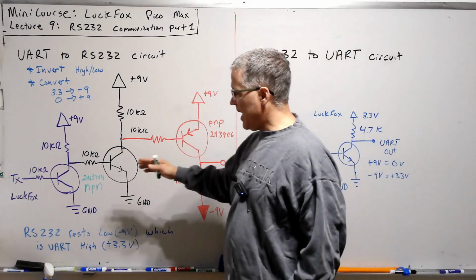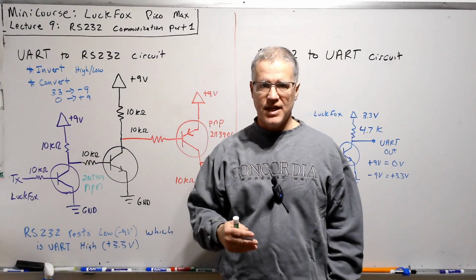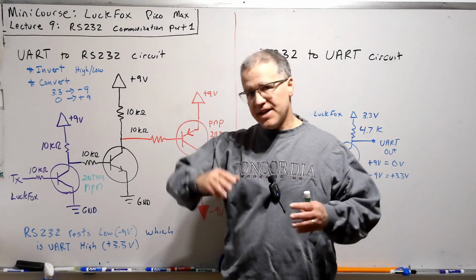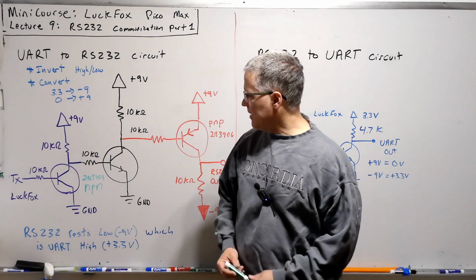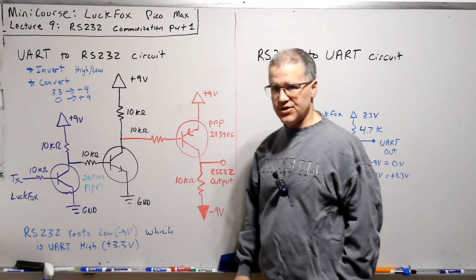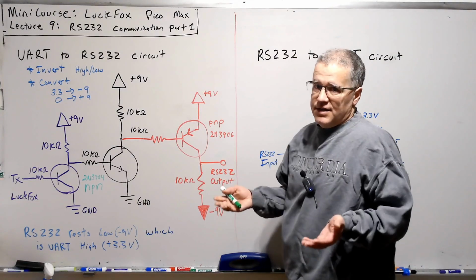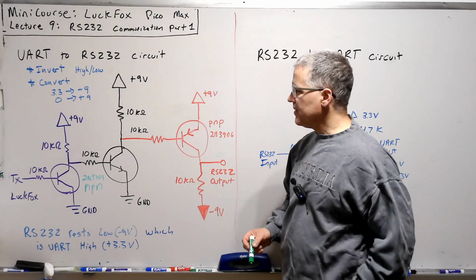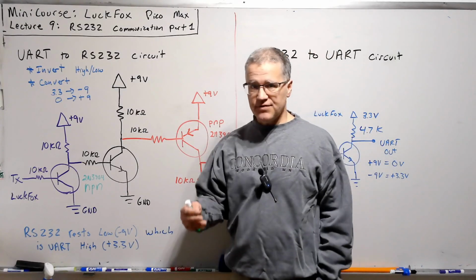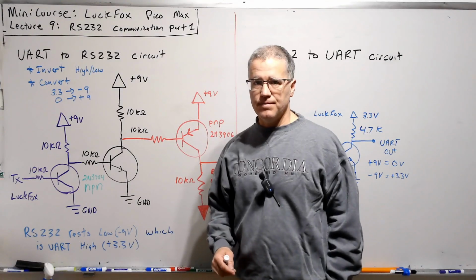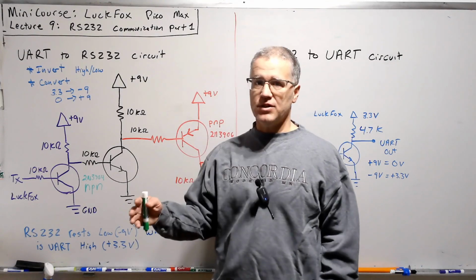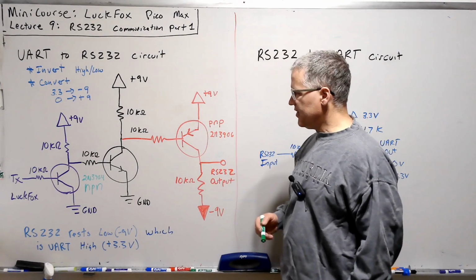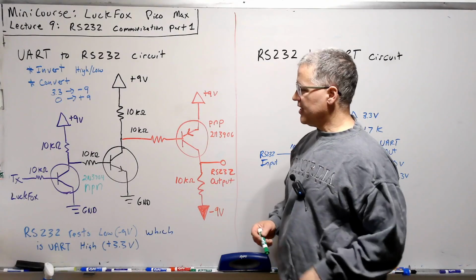I didn't put any capacitors in here to help eliminate high frequency noise, but with this swing of 9 volts and not extending over large cables, this circuit works really well, and it is as simple as I could come up with. If you've got some other ideas for better circuits, for those viewers who might have to be really worried about noise or other things, please feel free to mention that. I'm certainly no electrical engineer.